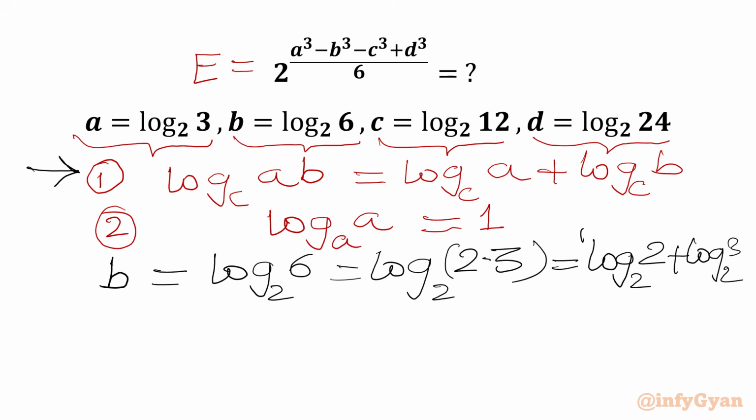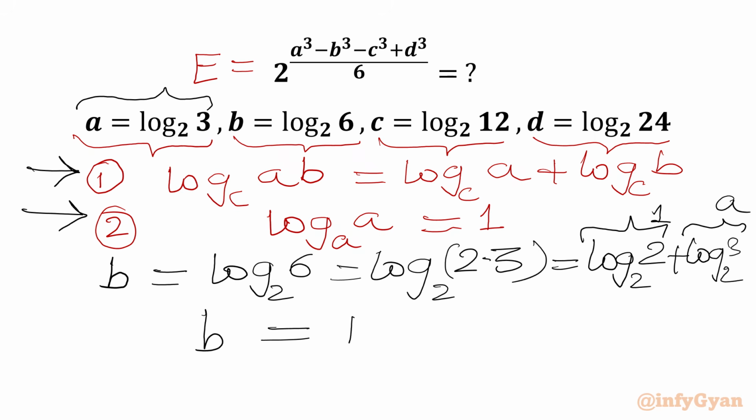Now log 2 base 2, from property number 2, is equal to 1, and log 3 base 2 is our a. So yes, we can write b in terms of a: b equal to 1 plus a, or b equal to a plus 1.